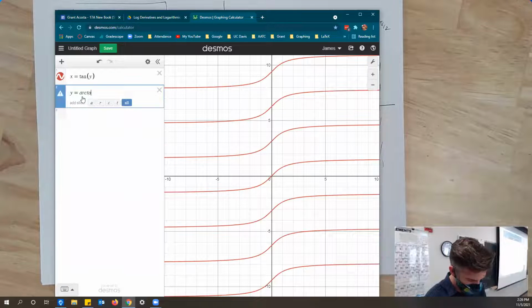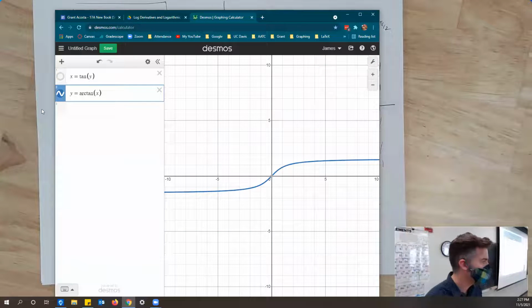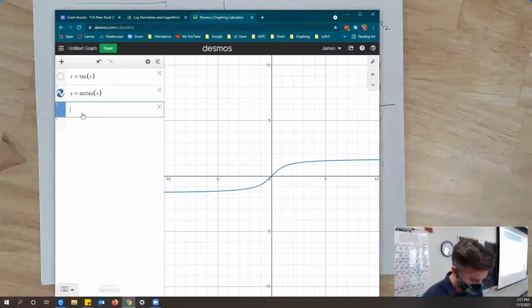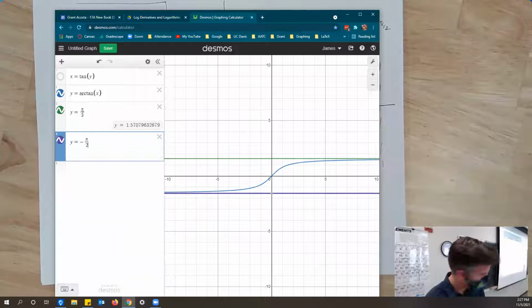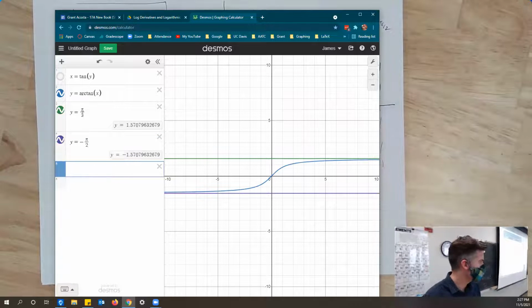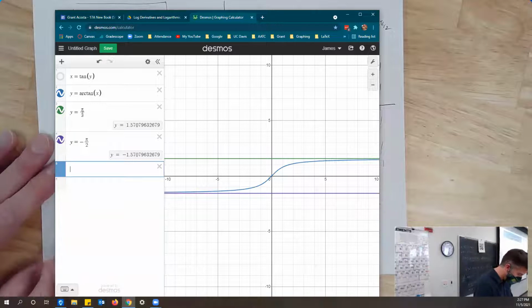I prefer writing arctangent because it's easier in Desmos to write that. And there's just the arctangent, not the whole thing. And you can even graph the asymptotes if you want. There's your asymptotes. Great.